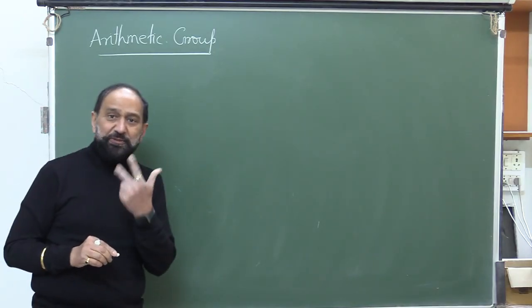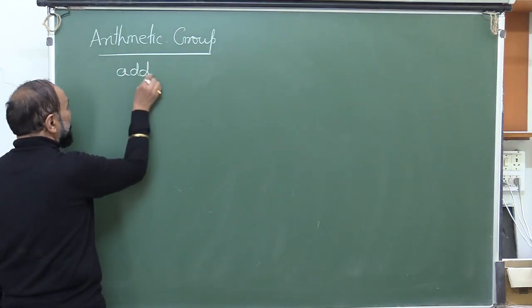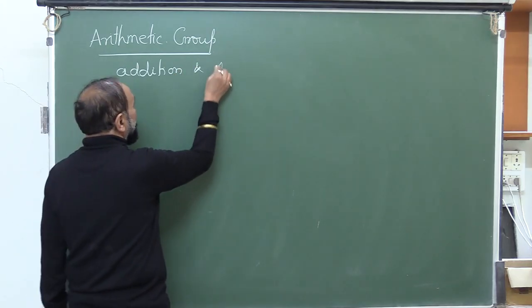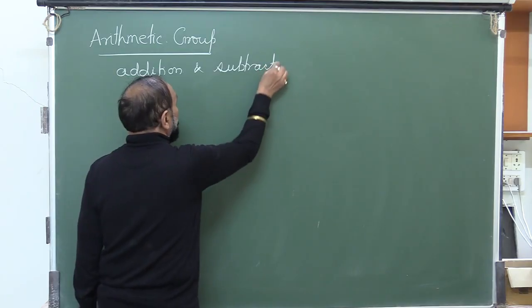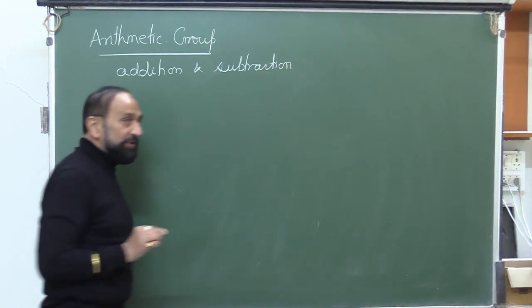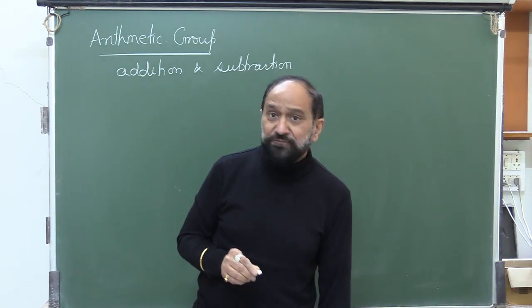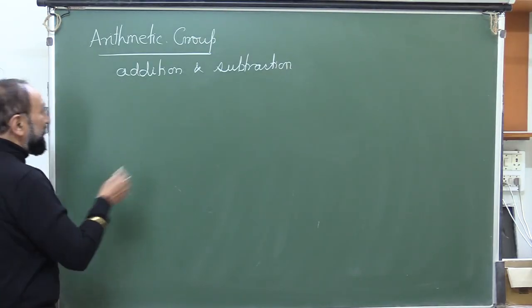There are only two arithmetic operations possible in this processor: one is addition and the second is subtraction. And depending upon the source of the operand, you have several possible instructions.